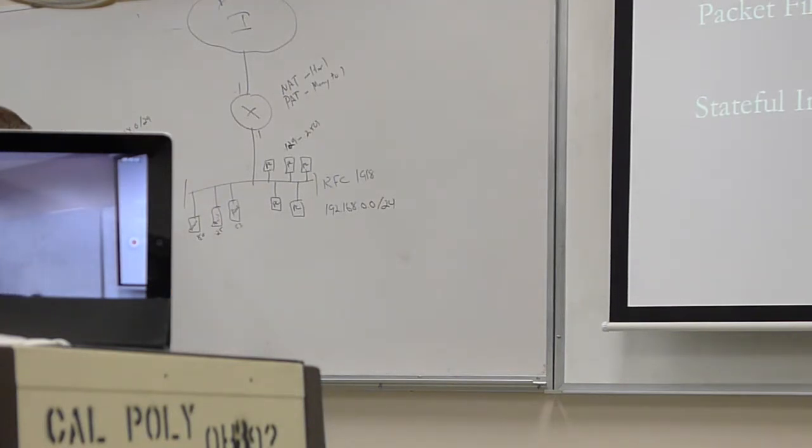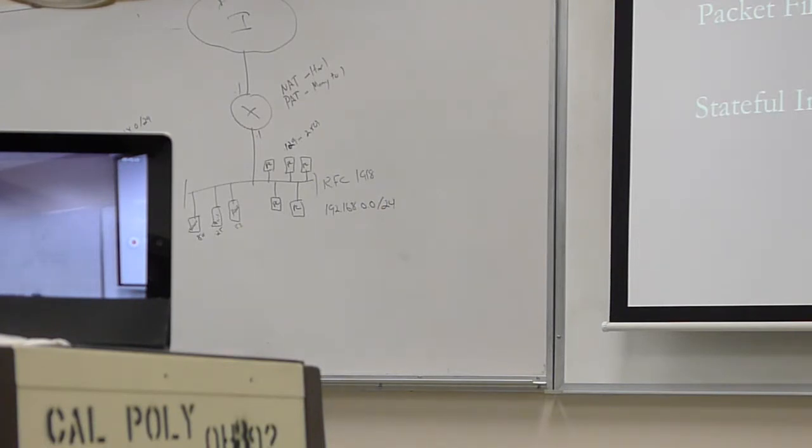So I could put in a NAT statement in my firewall, for example, where 202.101.18.2 equals 192.168.0.80. That would be a static statement.